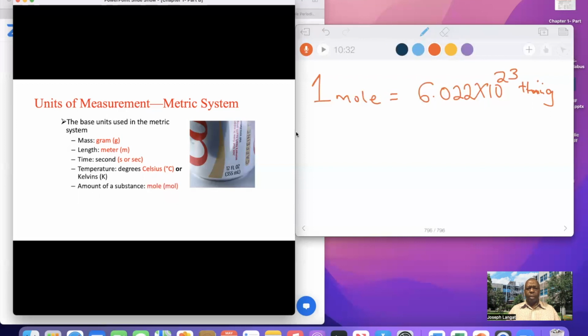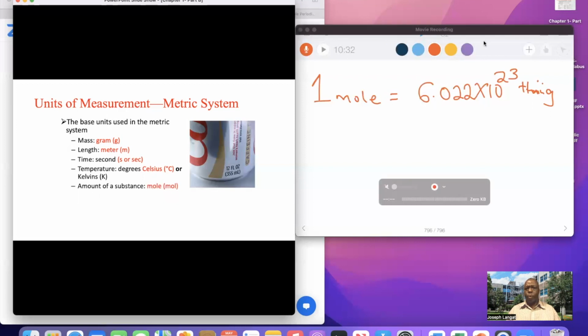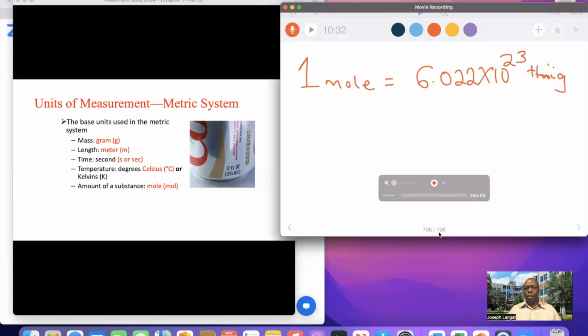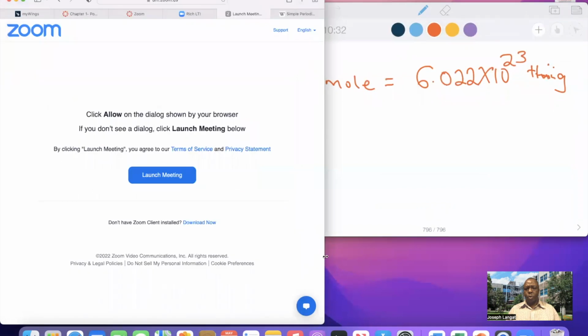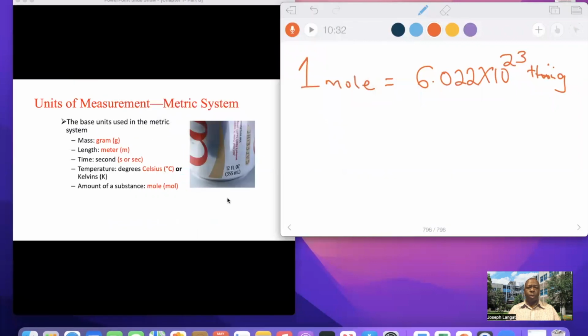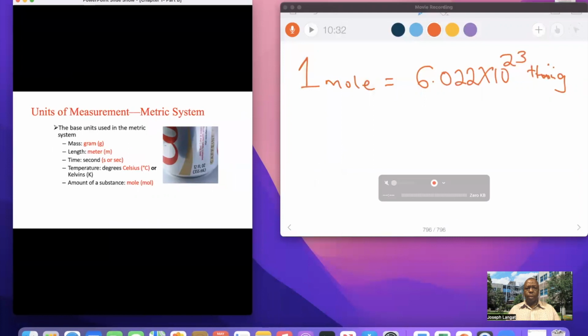Amount of substance I've indicated here on my whiteboard, the numerical value which represents what we call the mole, Avogadro's number.